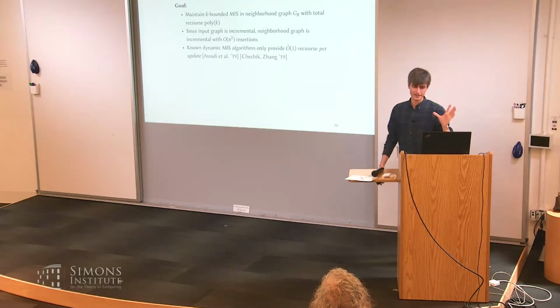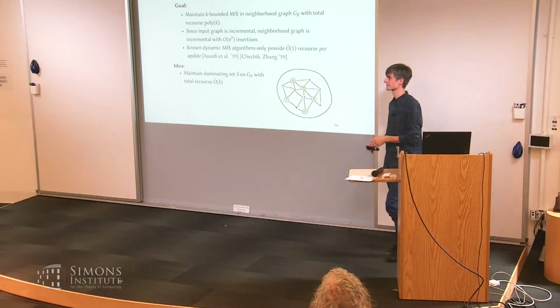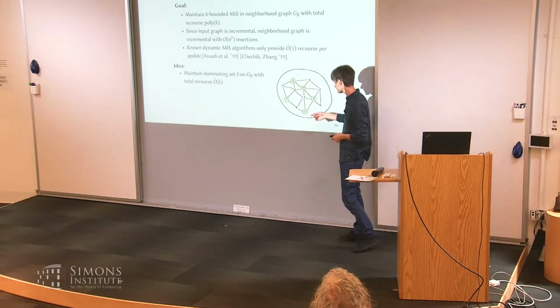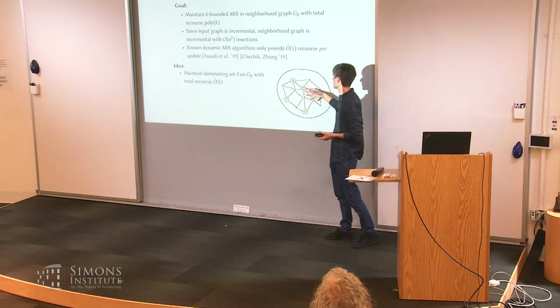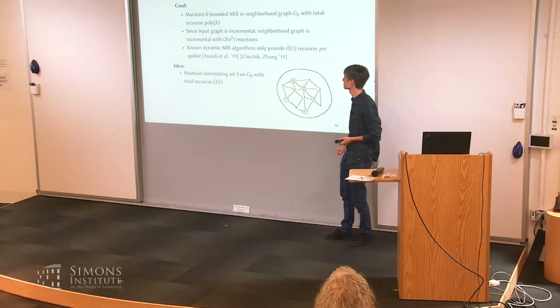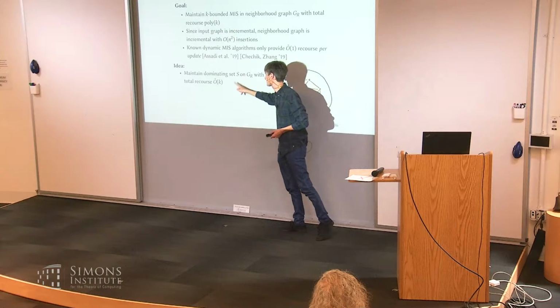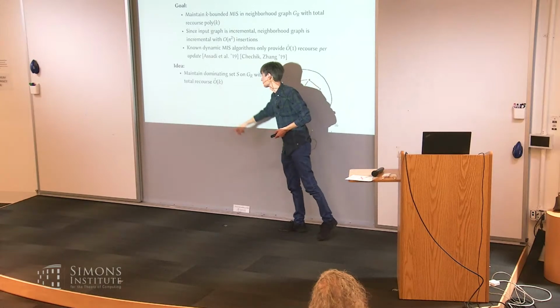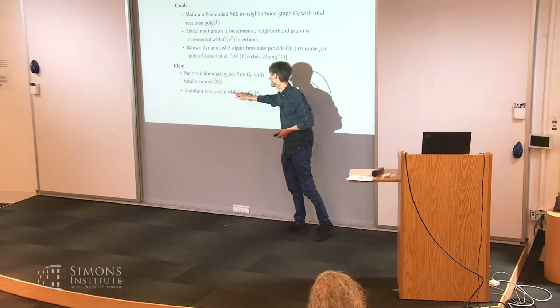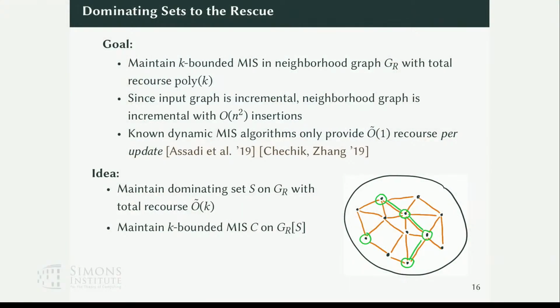So we came up with something else: we want to have a dominating set on this neighborhood graph, and that dominating set has small total recourse, tilde O(k). Then we maintain a k-bounded maximal independent set on the subgraph induced by the dominating set on the neighborhood graph, and we maintain an MIS on that.